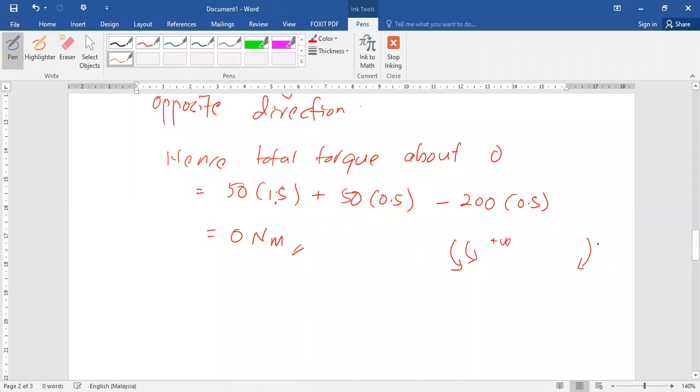If I get a positive total, the resultant moment will be in this direction. If I get a negative, the resultant moment will be in this direction. But if I get 0 Newton meter, that means it's in equilibrium. So this will be static equilibrium. So yes, static equilibrium.